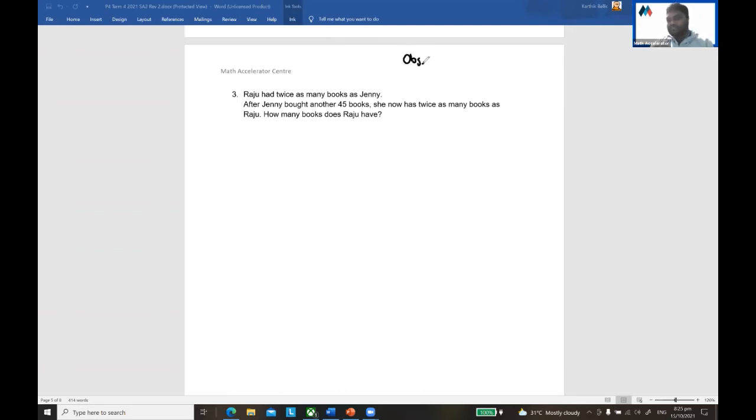Observe the person or item who or which did not change. Please write this down. Then once you write this, go ahead and highlight or underline this one. Did not change.